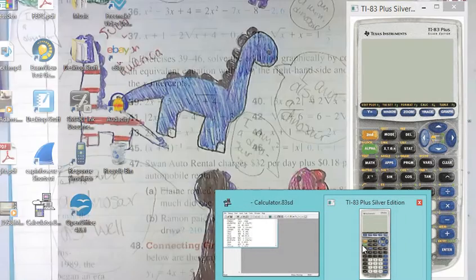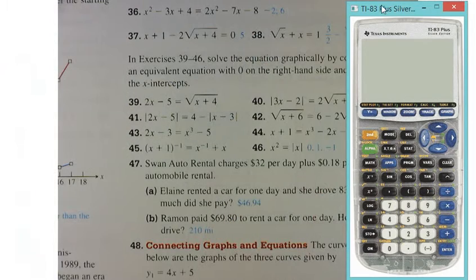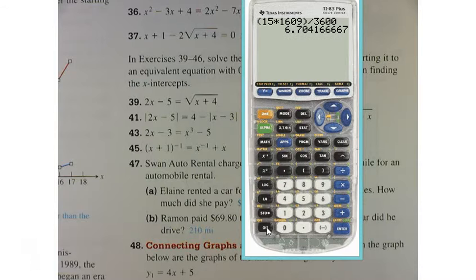And so what I'm going to do is pull up my calculator, and if I were to make the right hand side equal 0, I would subtract the square root of x plus 4, which should give me 2x minus 5 minus the square root of x plus 4.